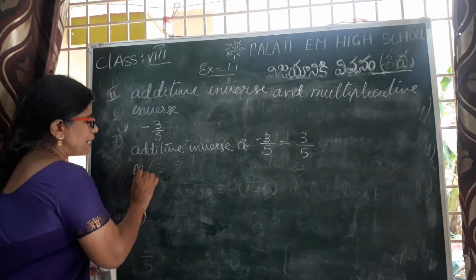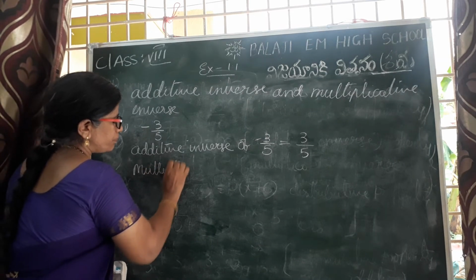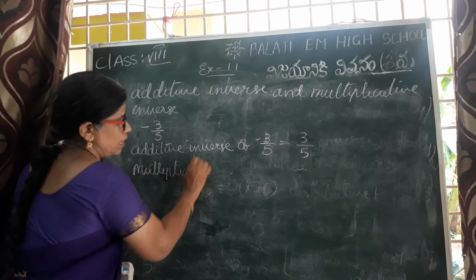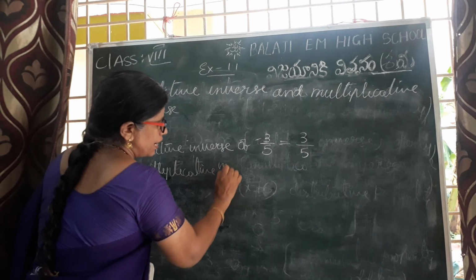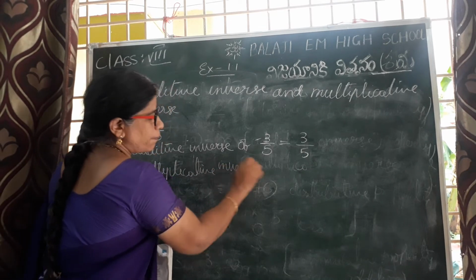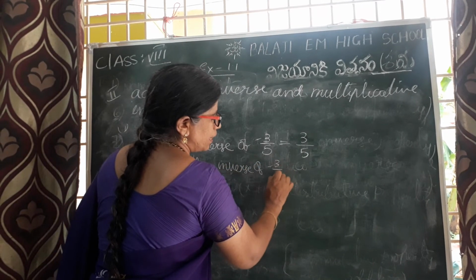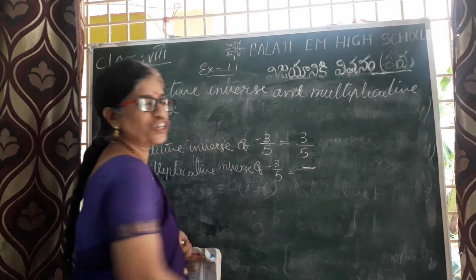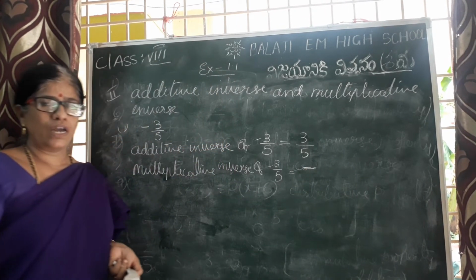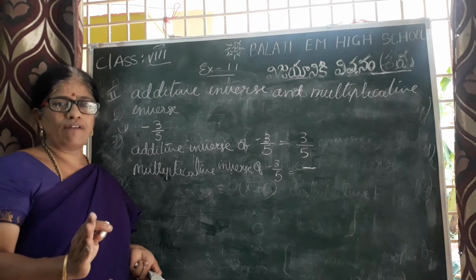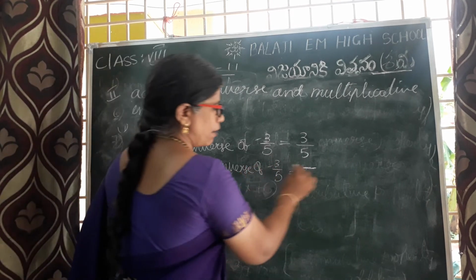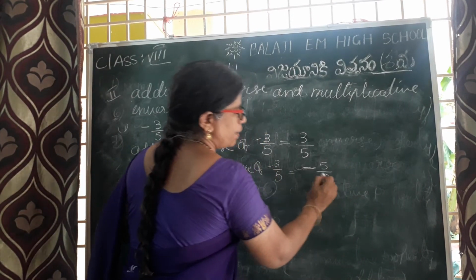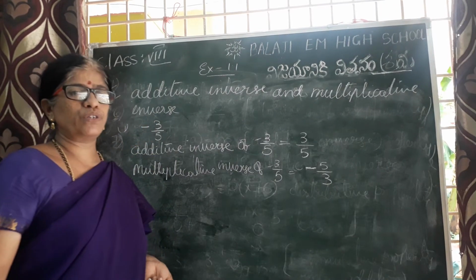Now multiplicative inverse. Multiplicative inverse of minus 3 by 5. Minus remains unchanged in the multiplicative inverse. Only the reciprocal will be written for it. So 3 by 5 becomes 5 by 3. That minus remains as a minus.